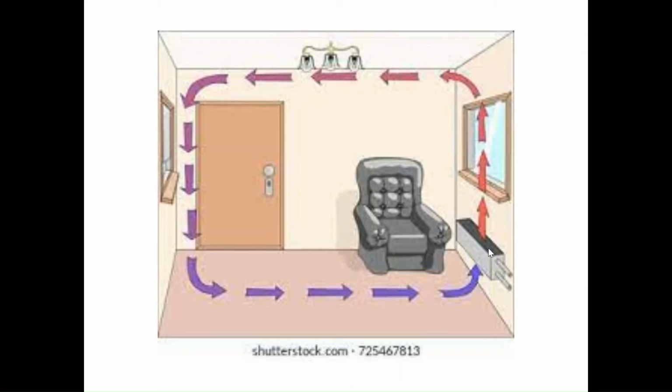Here we have a heater in something like a hotel room, taking all that cold air in and heating it up through thermal energy transfer, and pushing it out. As the hot air rises, the cold air drops, and it continues in this cycle.